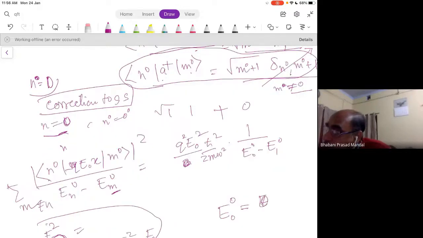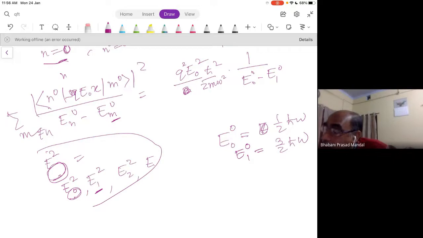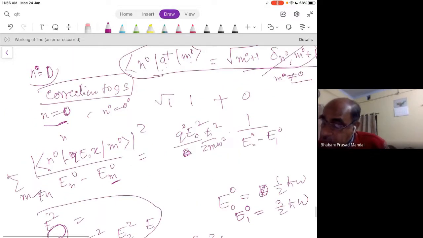E0 0 is half h cut omega, and E1 0 will be 3 by 2 h cut omega, right? So their difference will be minus h cut omega. So we will have minus q square E0 square h, why h cut square?